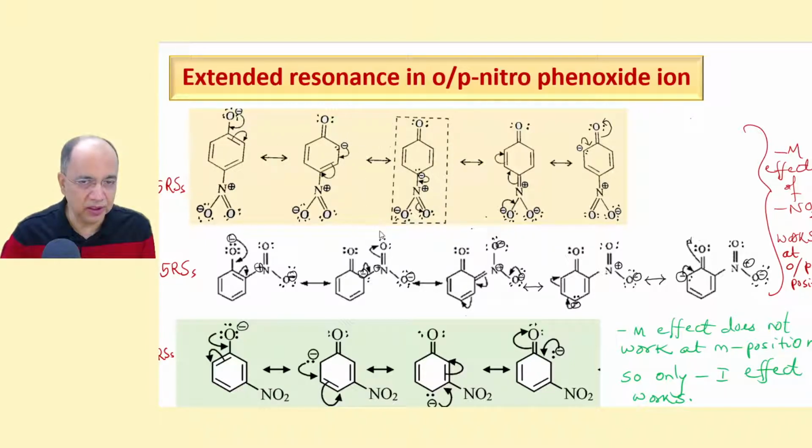This is the one you write up to this, but the other one you will have to write here, because this negative charge is an allylic lone pair, next to a pi bond. You just make another RS, because the negative charge is adjacent to a pi bond here, the nitro group, that will enter into further conjugation to generate the fifth RS.